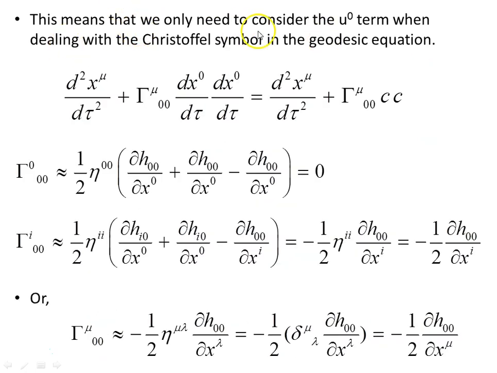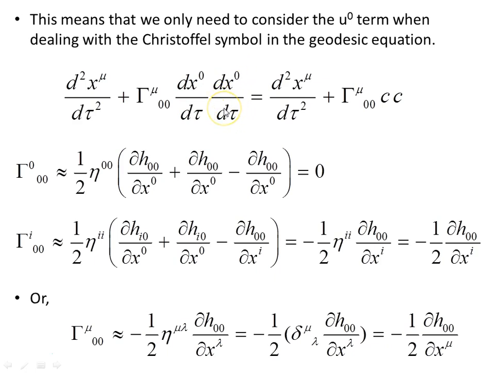This means that we only need to consider the u superscript 0 term when dealing with the Christoffel symbol in the geodesic equation. So here's our geodesic equation from earlier, but this time the two lower indices we replace with 0, 0, because dx1 d tau, dx2 d tau, dx3 d tau are 0.